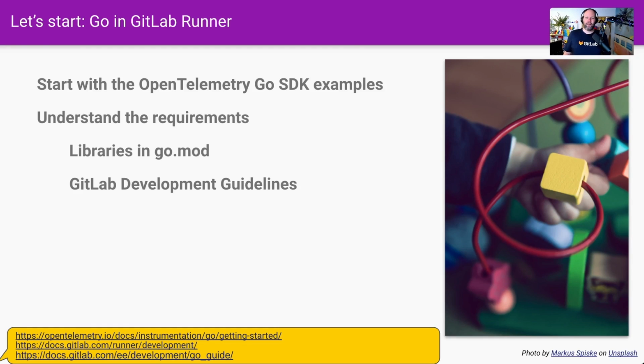I knew I needed to read the documentation and the examples for the OpenTelemetry Go SDK, adding the libraries to the go.mod file, following the GitLab development guidelines, and learning on the way, and also making mistakes, of course, with adding everything together.